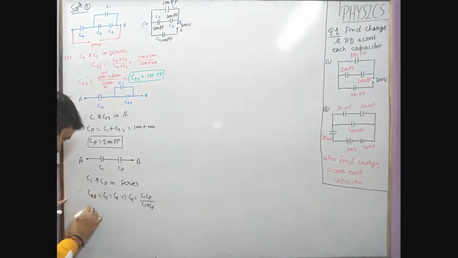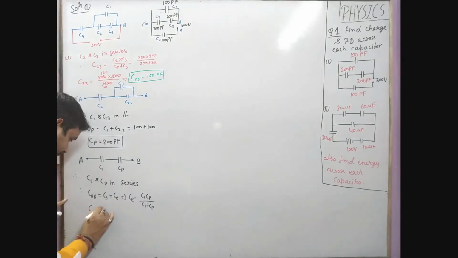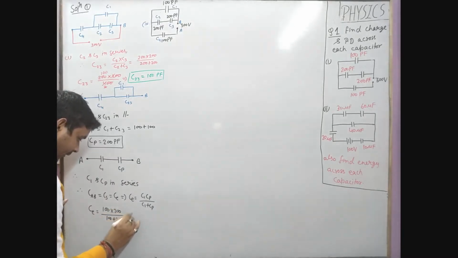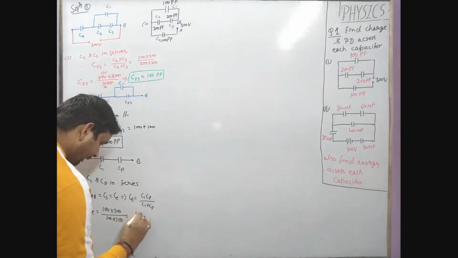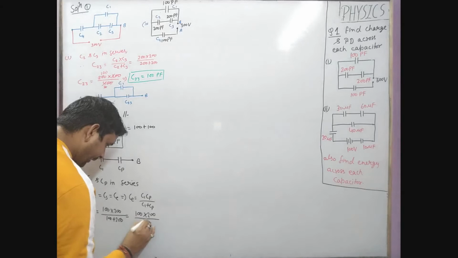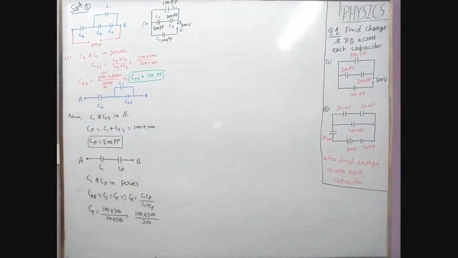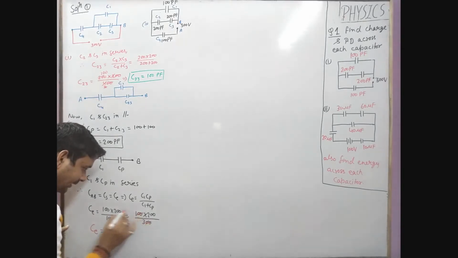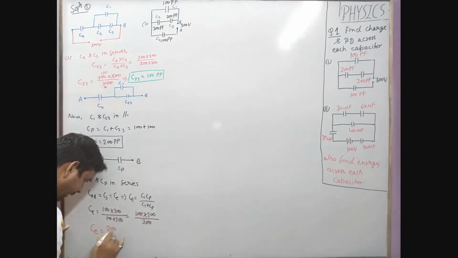C equivalent is equal to 100 into 200 upon 100 plus 200, that is 100 into 200 upon 300, and the final result for the equivalent capacitor is, this zero cancels, 200 upon 3 picofarad.